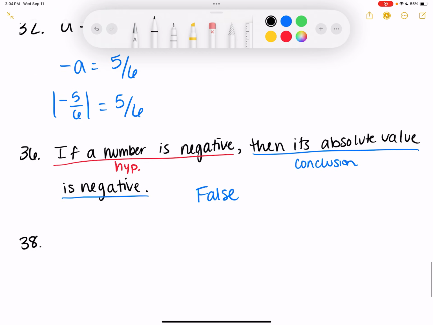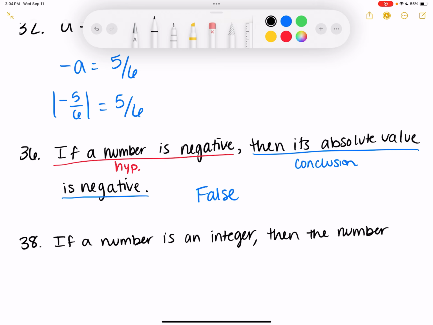38. If a number is an integer, then the number is a rational number. What's the hypothesis part?